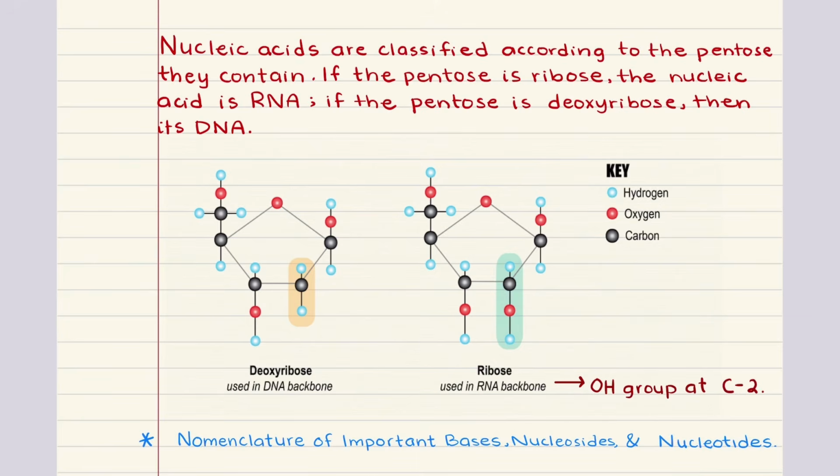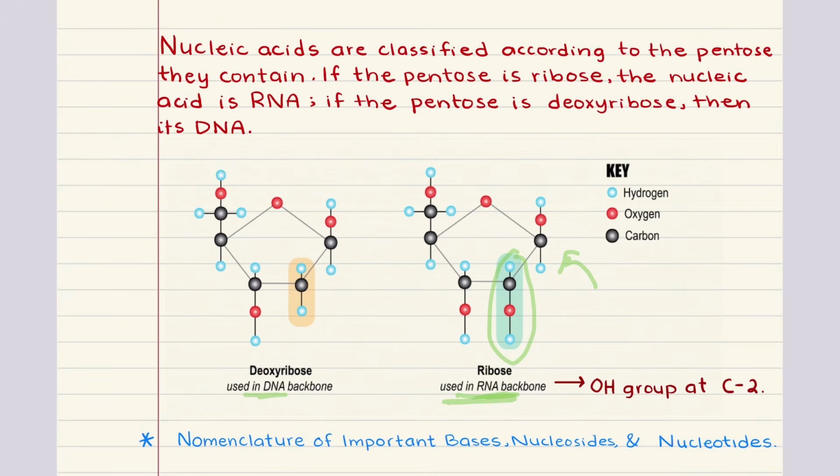Both DNA and RNA contain this 5-carbon sugar. But there is one small difference between them, and it has big consequences. In RNA, the sugar is a ribose. Ribose has a hydroxyl group, an OH group, attached to carbon number 2.